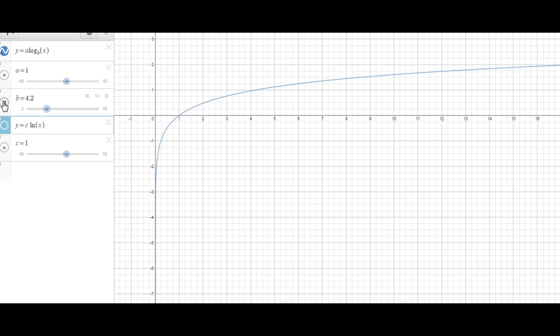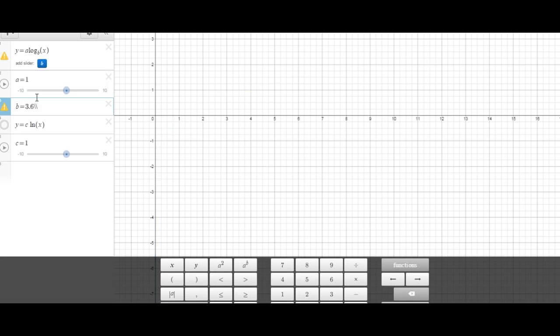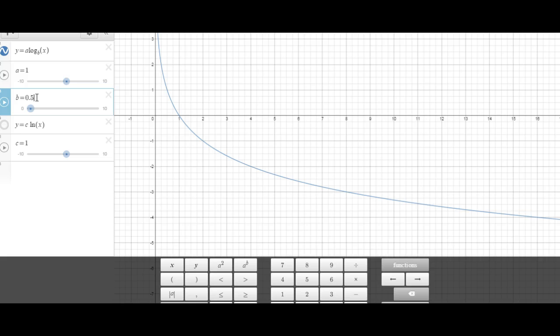Now, let's make b 0.5. So what's happening here when the b value is 0.5? It's going from Q1 to Q4, and it's decreasing.